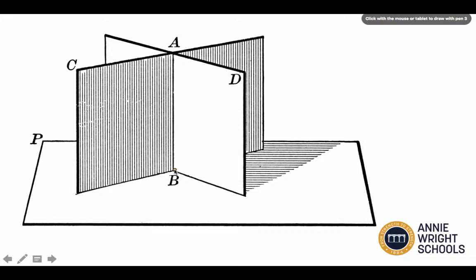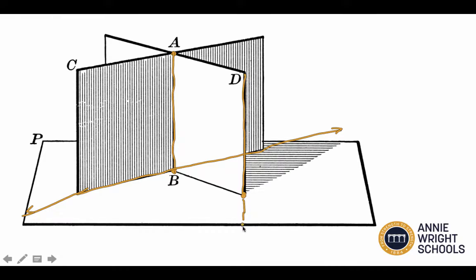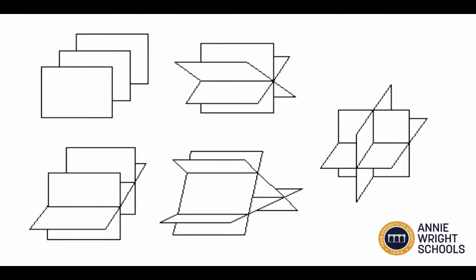If I accentuate that, you've got a point here, B, and a point here, A. And you can see how those two planes intersect at a line. You can see how plane P and plane C intersect at a line. And that line goes on forever. You can see that plane D and plane P intersect at a line. You can see that this right here is a line that would go through plane P at a point.